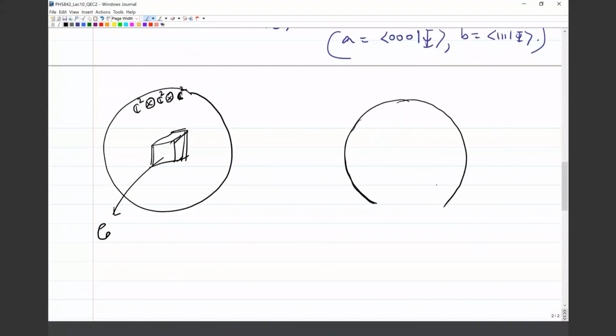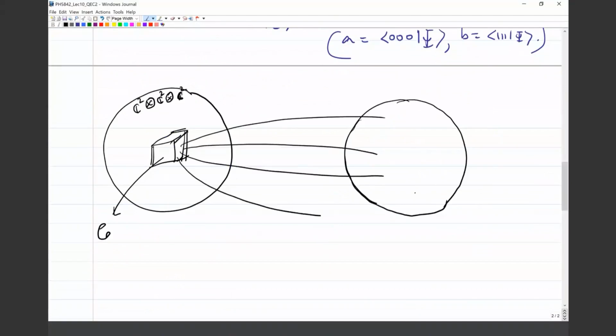The point is that this code space now gets mapped onto different non-overlapping parts of this 3-qubit space. We already saw this. There is a part that the XII error will map it to, there is a part that the IXI error will map it to, etc. But these are all non-overlapping parts of the space. In fact, in a way, they completely divide up the space in this case.